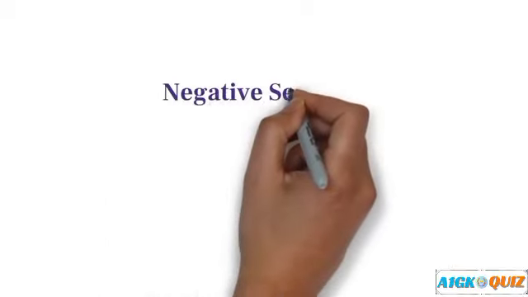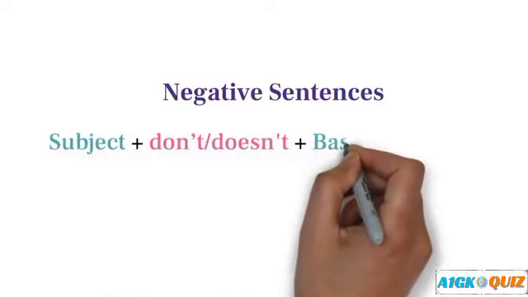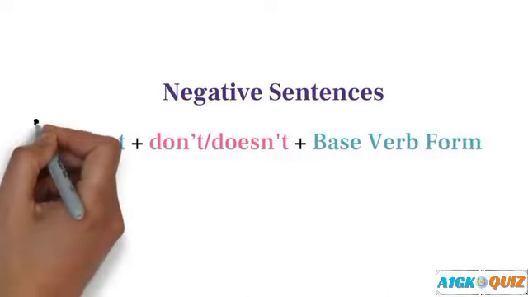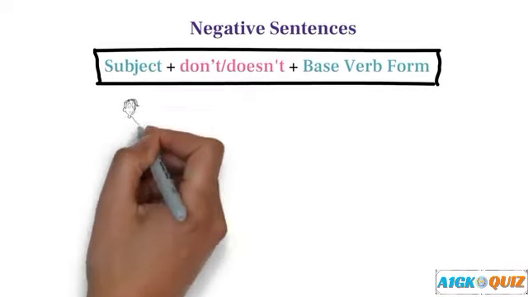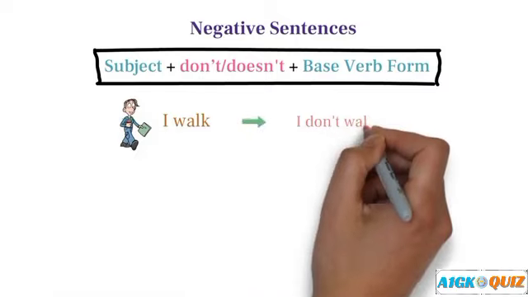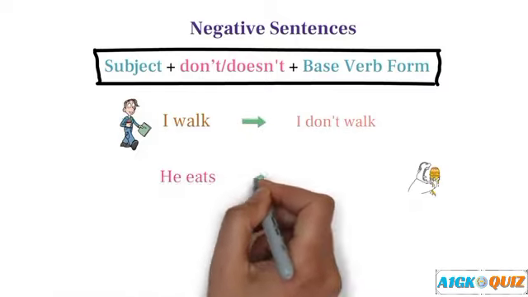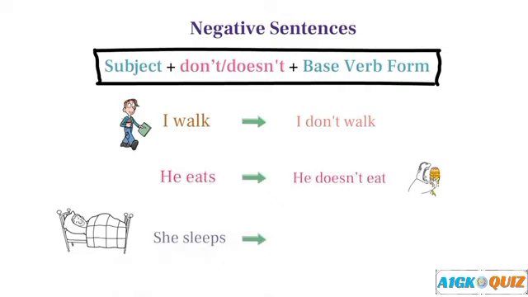What if we want to make sentences negative? Easy. We add don't or doesn't before the base verb. So the structure will be subject plus don't or doesn't plus base verb. For example, I walk will become I don't walk. He eats will become he doesn't eat. She sleeps will become she doesn't sleep.